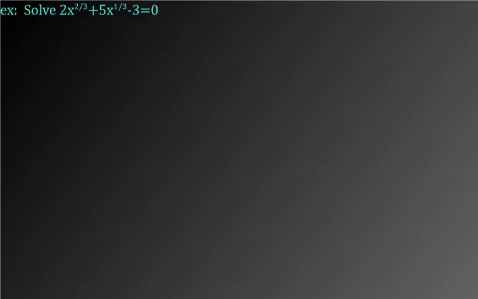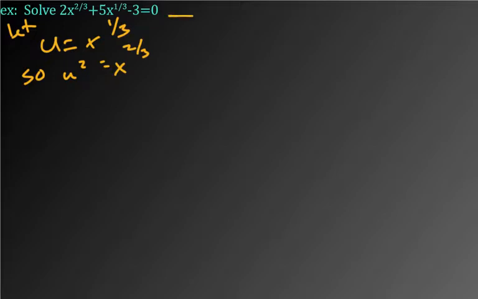So I'm actually going to do this one fully out. I'm going to let u equal x to the 1/3. So then u squared is x to the 2/3. Good. And so I'm going to convert this problem to 2u squared plus 5u minus 3.